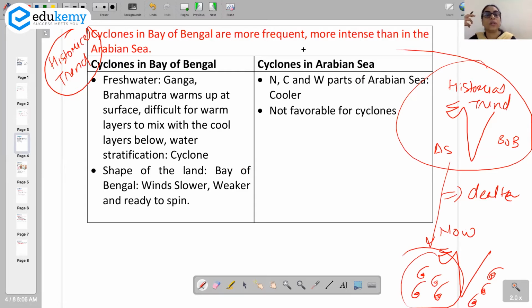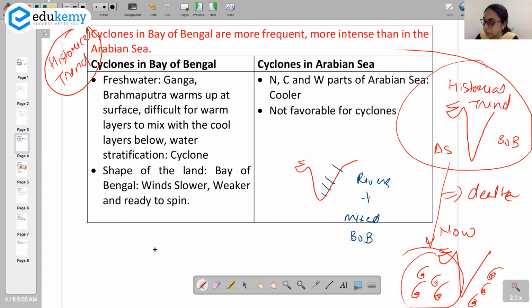So when we talk about the historical trend, we will see this in the Bay of Bengal. In the Bay of Bengal, nearly all the major rivers like the Ganga, Godavari, Krishna, Kaveri mix their water with the Bay of Bengal.